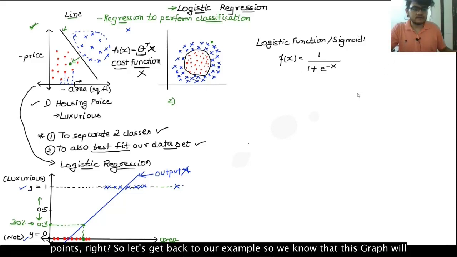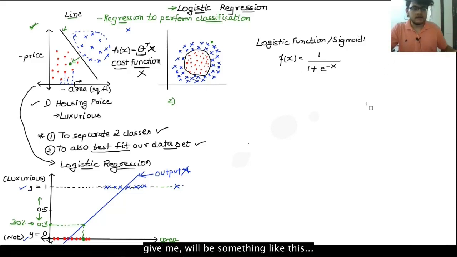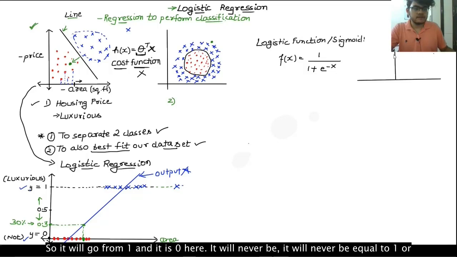So we know that this graph will be something like this. It will go from 1 and it's 0 here. It will never be equal to 1 or 0.